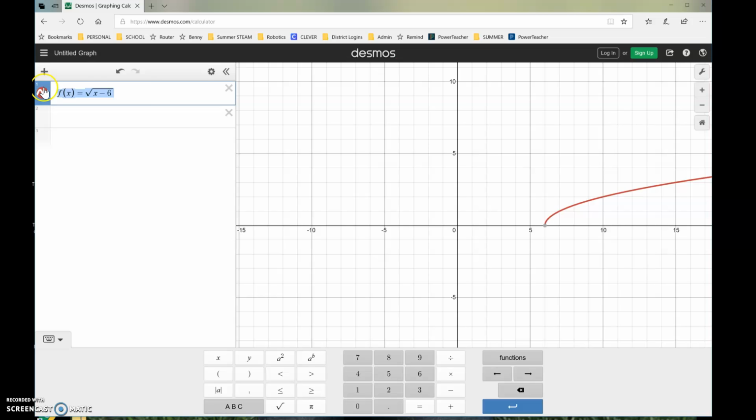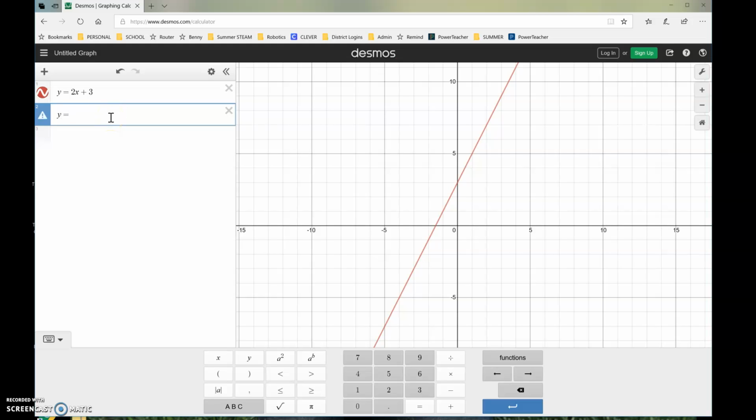So if you wanted to graph systems of equations, like y equals 2x plus 3 and y equals negative 4x minus 6, you could graph these two equations and see where they meet. The other really cool thing is that if this said 4x plus 6 equals 2y, you can type it in that way. It doesn't even have to be in slope-intercept form.